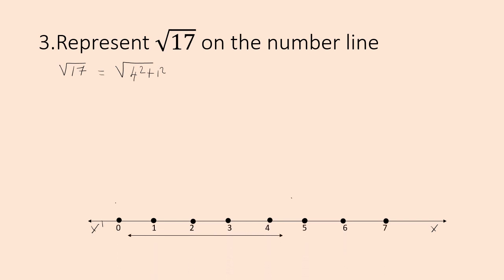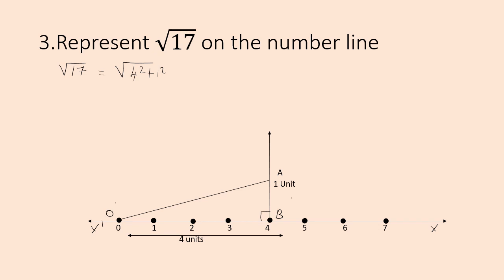So you are taking the 4 units and marking the points 0 as O and 4 as B. Now you have to draw a perpendicular from B. Perpendicular means that the angle is 90 degree. Now on the perpendicular you have to mark a point A such that BA is 1 unit. Next step you have to join OA.